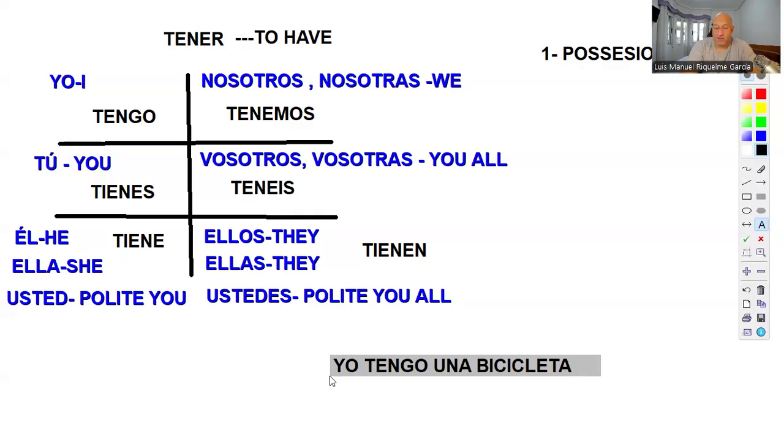I have a bicycle. O mi madre tiene 2 hermanos. My mother has 2 brothers. O yo tengo una casa grande. I have a big house. So I'm talking about whatever I have.